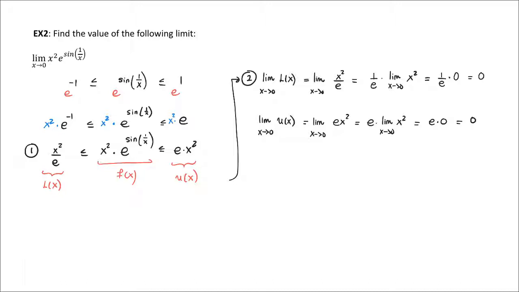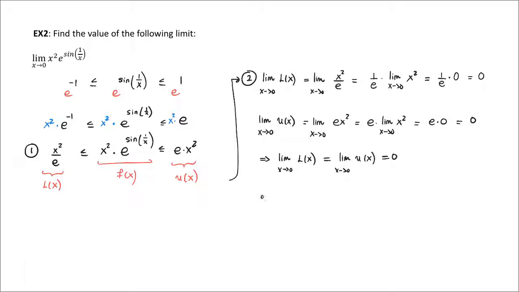And all of a sudden, I'm so happy here because we found that the limit as x goes to 0 of L of x is equal to the limit as x goes to 0 of U of x. That limit is 0.